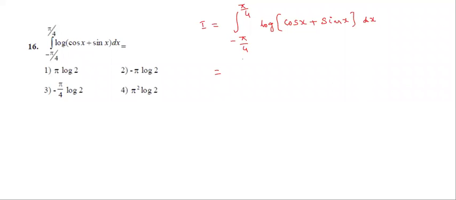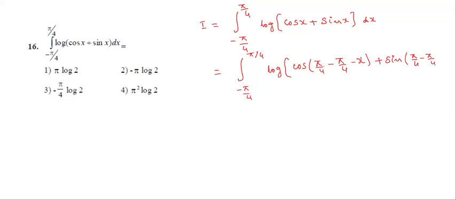Now apply the property. Integration minus pi by 4 to pi by 4 logarithm of cos of (pi by 4 minus pi by 4 minus x) plus sin of (pi by 4 minus pi by 4 minus x) dx.